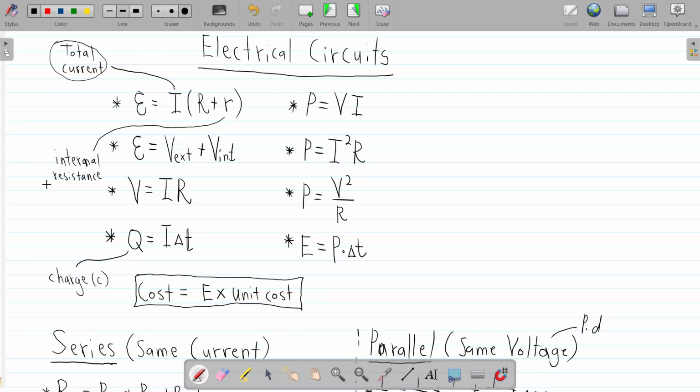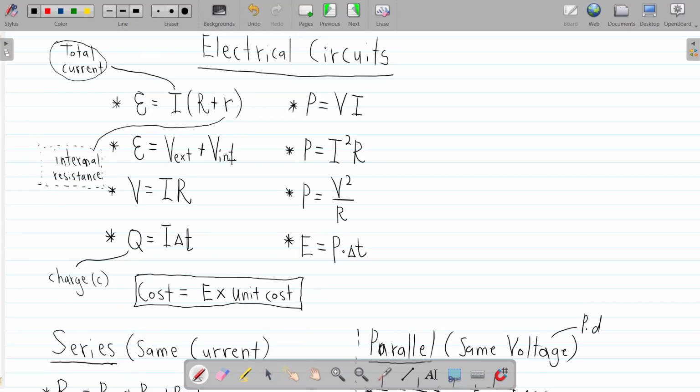In many cases, you will see a dotted line like this. The resistance which is inside the dotted line is the internal resistance of the power source. So that's the first equation.